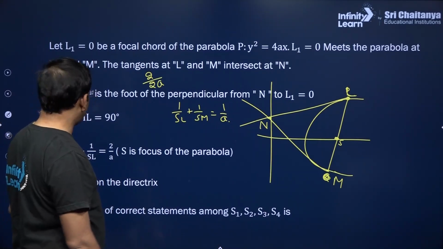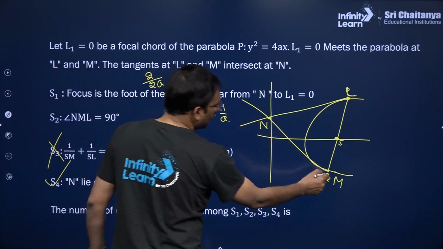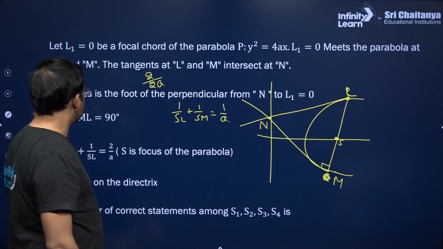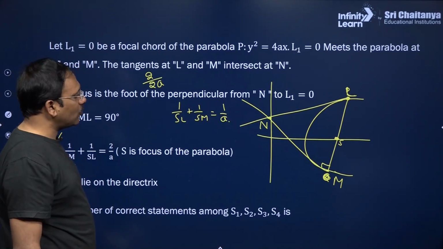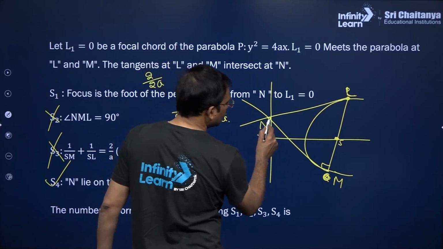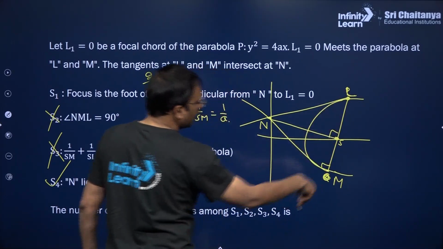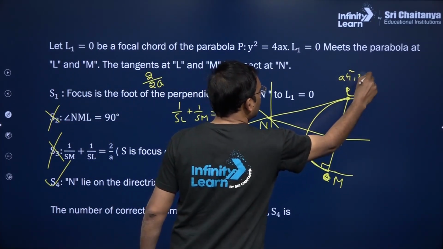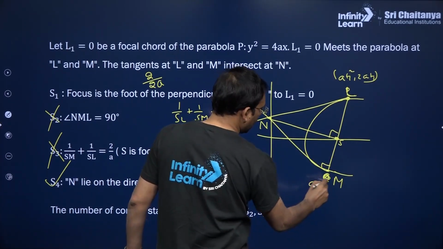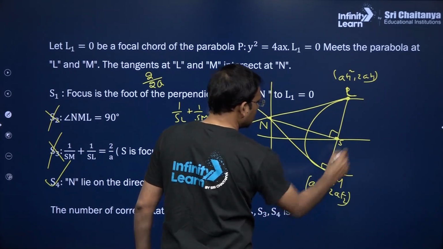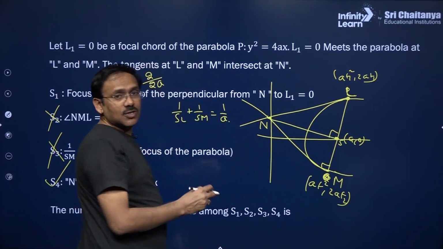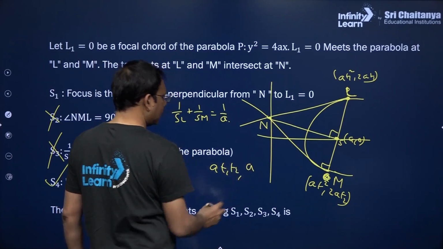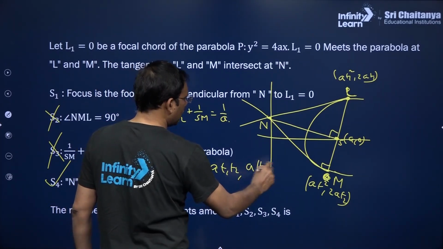And S2 is angle NML. So, even though here angle 90 degrees will not be correct, you can check, my dear friends. Next, focus is the foot of the perpendicular from N to L1, correct friends. You just find, so NS will be perpendicular to LM. The logic is simple. If you take this as (a t1 square, 2a t1), this is (a t2 square, 2a t2), and focus is (a, 0), and the point of intersection of the tangents drawn at t1 and t2 is (a t1 t2, a(t1 plus t2)).